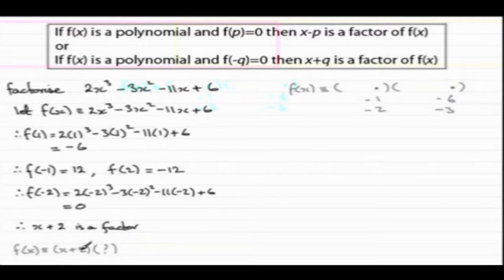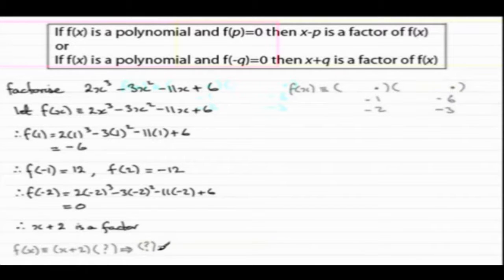Now there's several ways that we can get this factor. It's often called a quadratic factor in cases like this. This one's a linear factor, and then we need to multiply it by a quadratic factor, something that starts off with an x squared term, then an x term, then a constant. To get that quadratic factor, one way is to divide both sides of this equation by x plus 2, and that would give us the quadratic factor, the question mark in there.